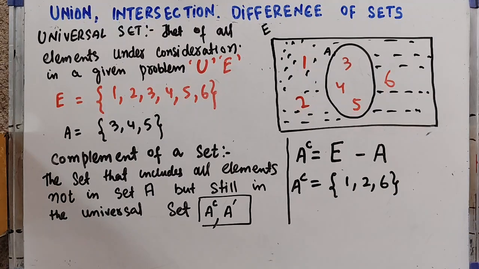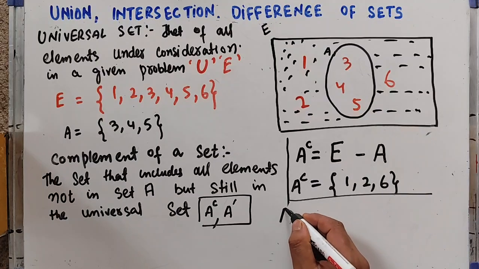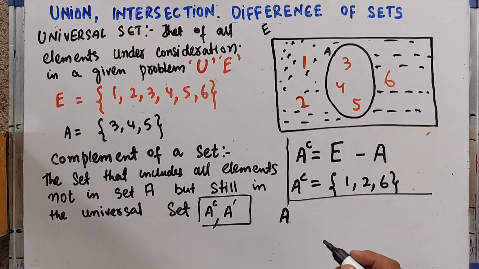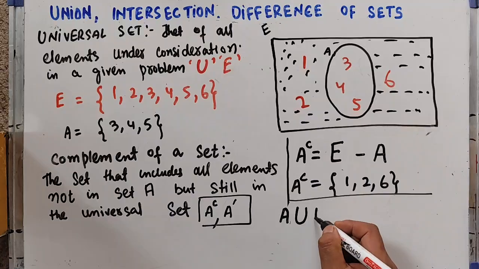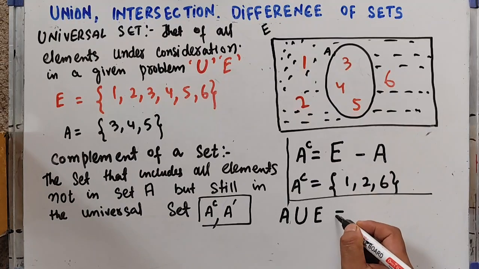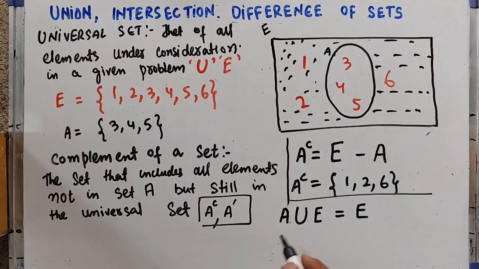Now here we can also see some of the properties of the universal set. Briefly, the union of set A and the universal set gives us the universal set. Here you can see set A contains 3, 4, 5.